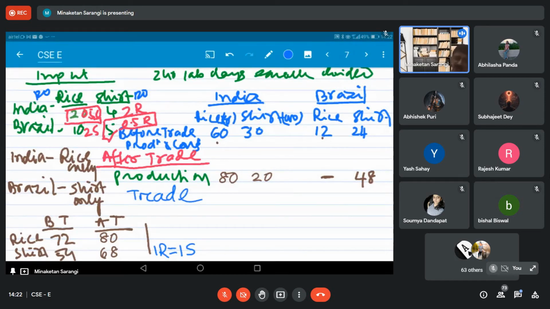India will sell 12 kg of rice in exchange of 12 number of sacks. If India will take 12 number of sacks, then its domestic requirement will be fulfilled, consumption will be fulfilled. And if Brazil will sell 12 sacks, then its domestic requirement will also be satisfied.